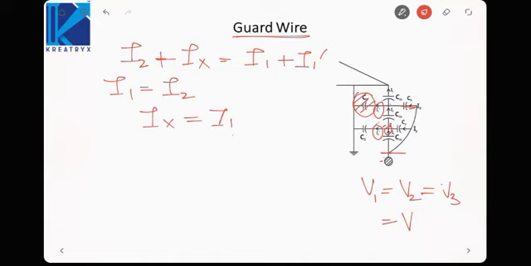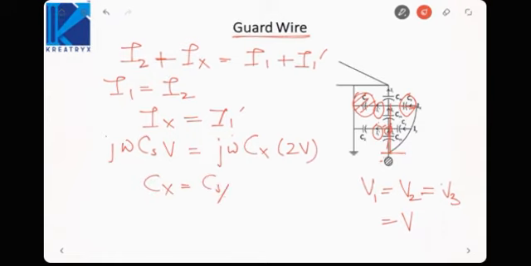Now I1 dash will be j omega Cs into V, and Ix will be through capacitance X. The voltage across capacitance X is how much? 2V. So it will be j omega Cx into 2V. So Cx will be equal to Cs upon 2.